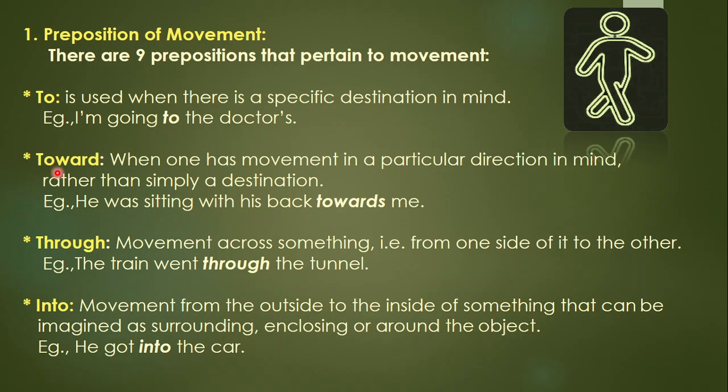Second one, toward. When one has movement in a particular direction in mind rather than simply a destination. Here we are talking not about a destination but a direction. For example, he was sitting with his back towards me.